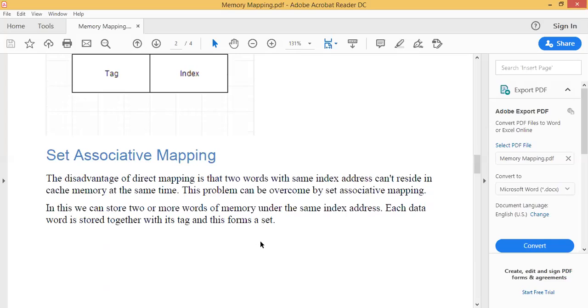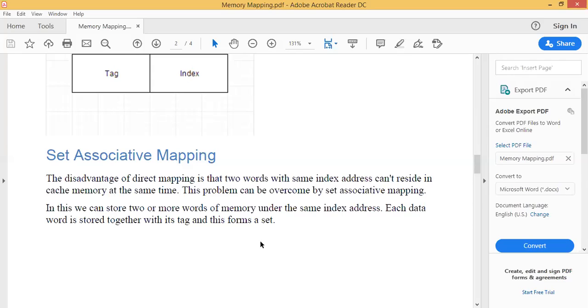Next, set associative mapping. The disadvantage of direct mapping is that two words with the same index address can't reside in cache memory at the same time. This is the problem that can be overcome by set associative mapping.